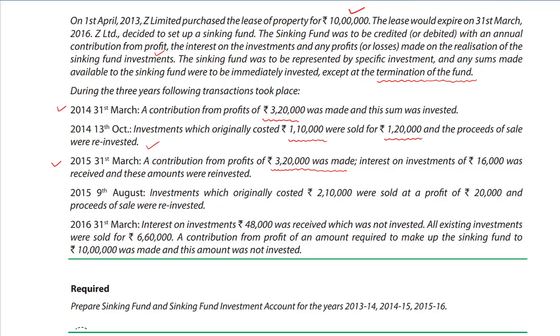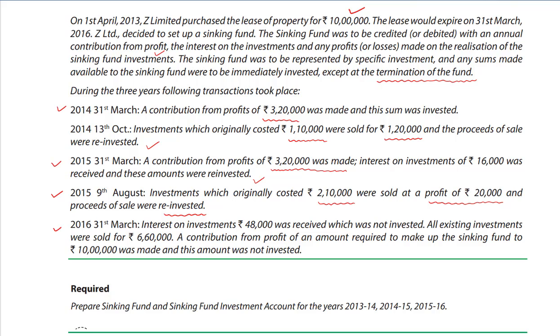Interest on investment of 16,000 was received, and these amounts too were reinvested. Again in 2015, on 9th August, investment which originally cost 2,10,000 was sold at a profit of 20,000, and the proceeds of sale were reinvested again.